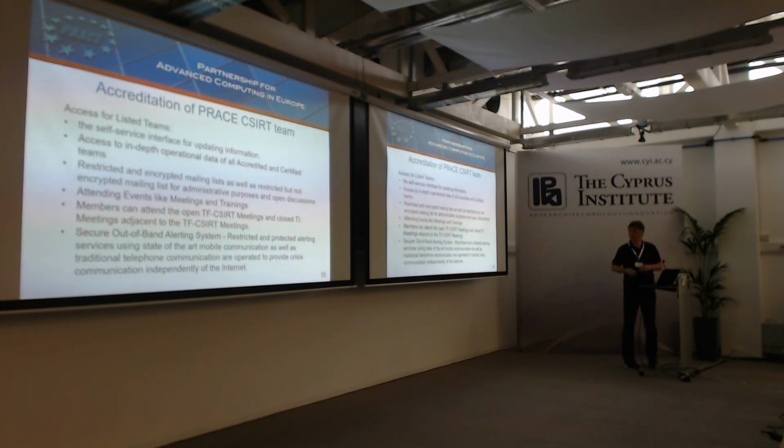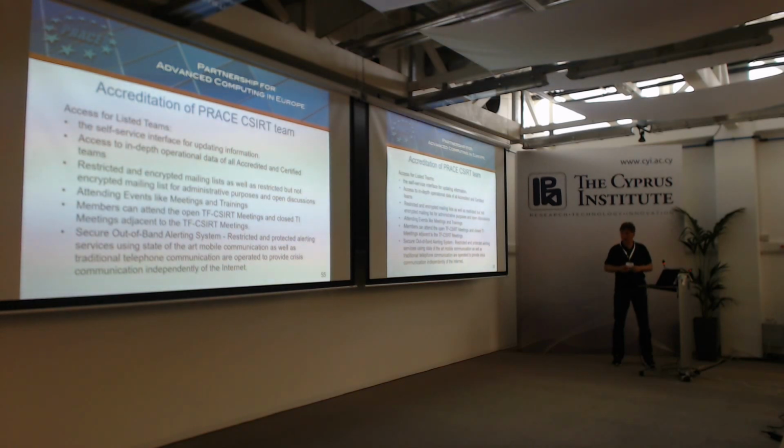So what does accredited really mean for the teams? Access for listed teams is a self-service interface for updating information, access to in-depth operational data of all accredited and certified teams, restricted and encrypted mailing lists, as well as restricted but not encrypted mailing lists for administrative purposes and open discussions, and attending events like meetings and trainings.